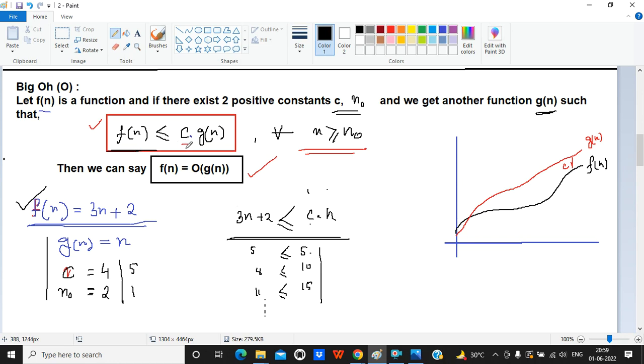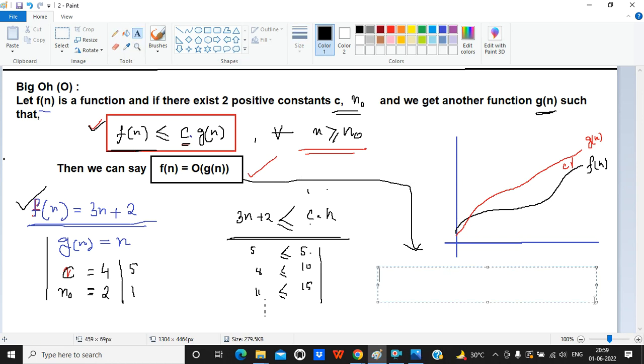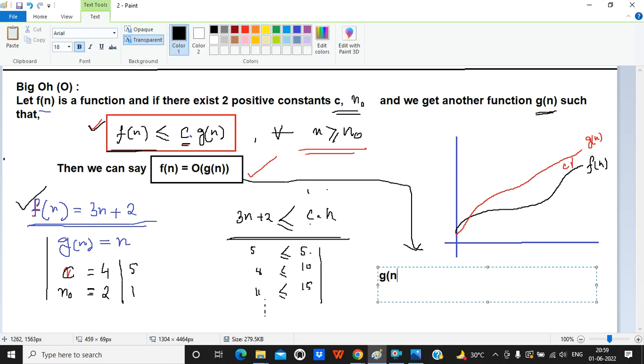I am repeating, if we find any values of c and n0 for which this condition is satisfied, we can say that f(n) is equal to big O of g(n), then we say that g(n) is the upper bound of f(n).